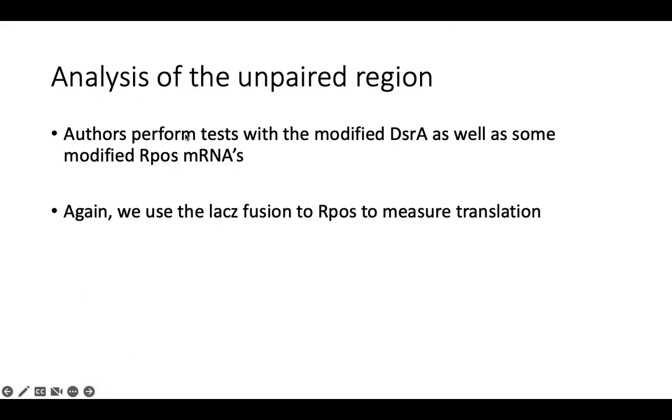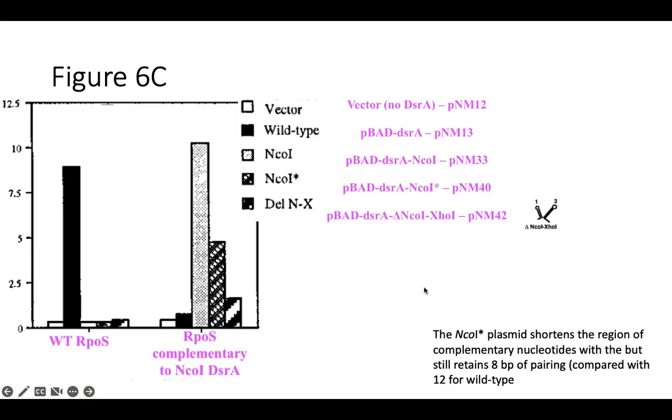Now, authors are performing tests with the modified DsrA as well as some modified rpoS mRNAs. And once again, we're going to use that LacZ fusion to measure translation of rpoS. So let's get into this.